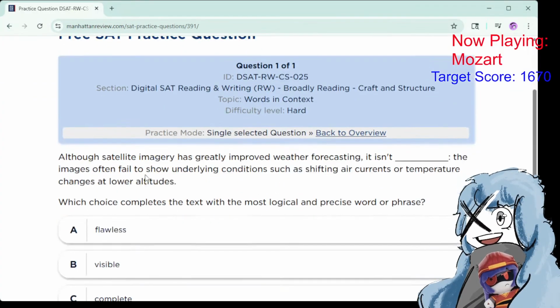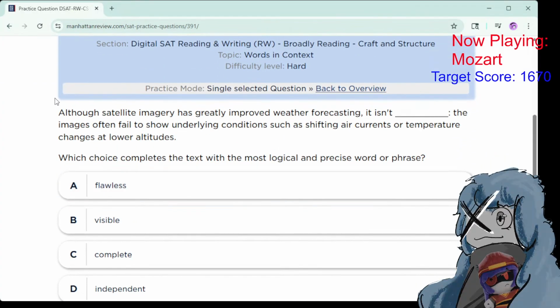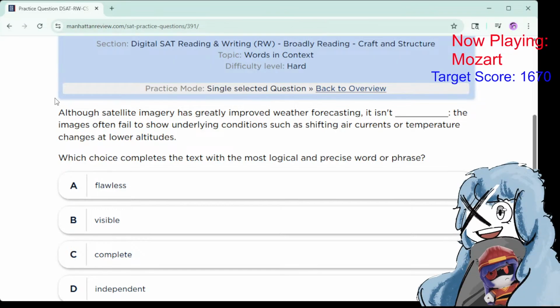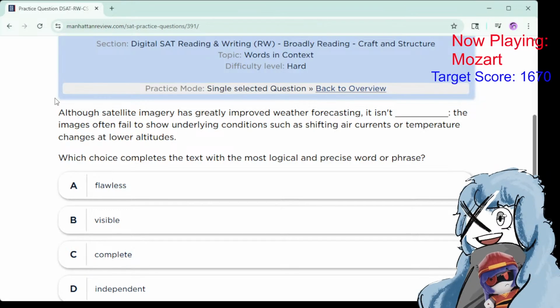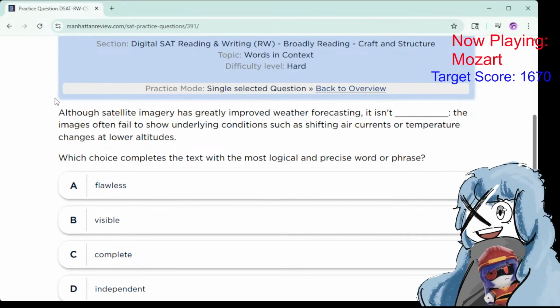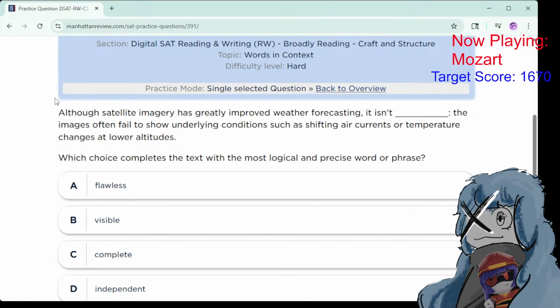Words in context. Although satellite imagery has greatly improved weather forecasting, it isn't blank. The images often fail to show underlying conditions such as shifting air currents or temperature at low altitudes. Which choice completes the text with the most logical and precise word or phrase?